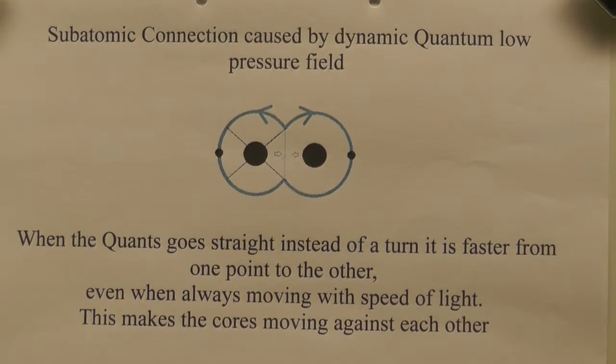How can we connect anchor quants to build atoms, electrons, protons, or neutrons? Normally all quants are negative. They do not like to penetrate each other.